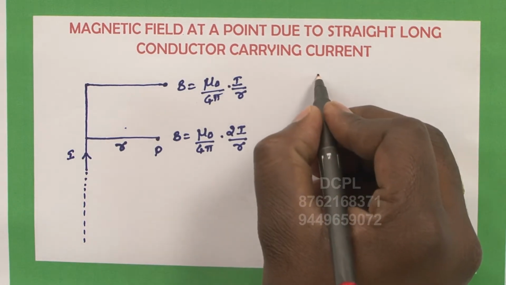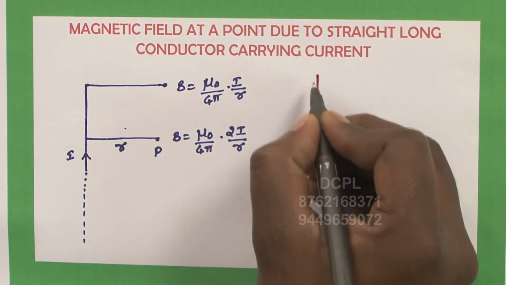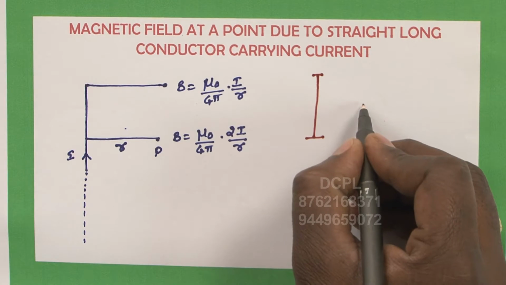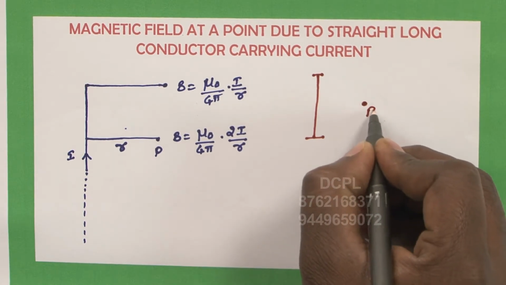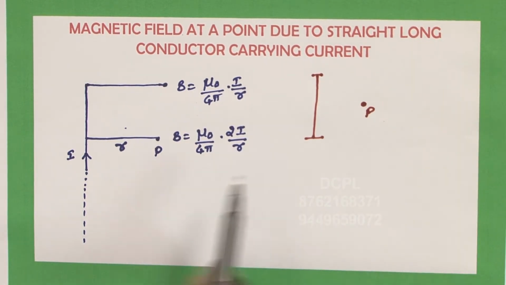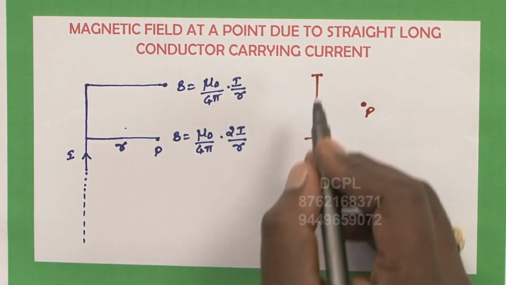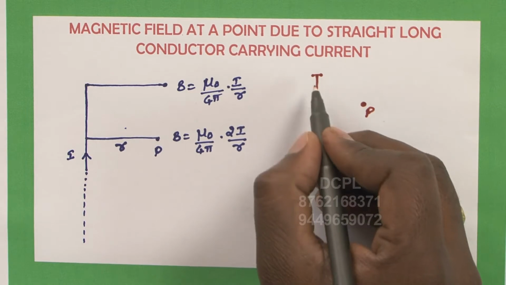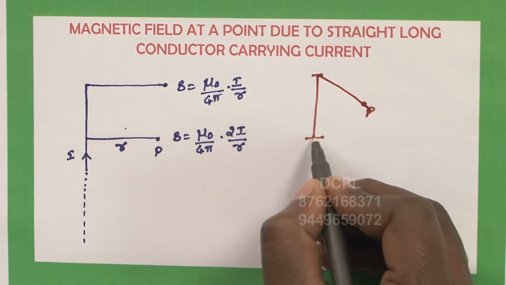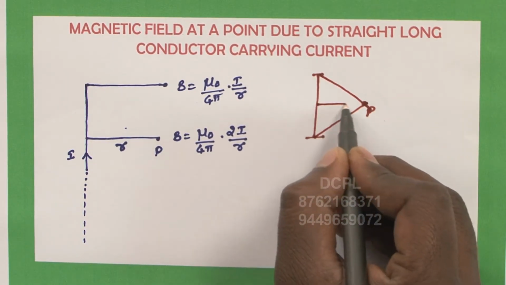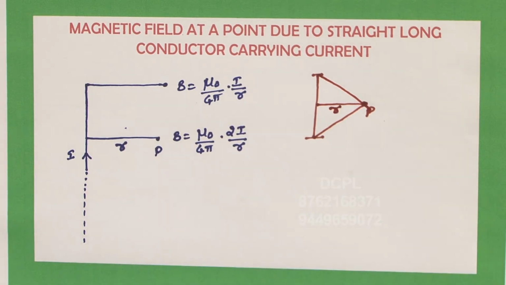Suppose it is a short conductor of finite length, then what is the magnetic field at the point P here? We cannot use the same formula here. This holds good only for an infinitely long conductor. For a finite length of the conductor, join the ends of the conductor to the point P. The perpendicular distance you can take as r.